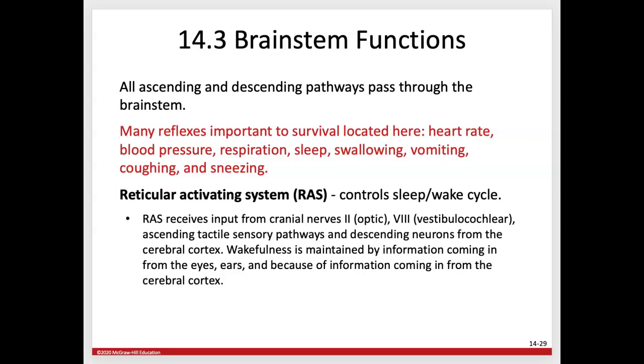It receives input from the cranial nerves, optic nerves, vestibulocochlear nerves, ascending tactile sensory pathways, and descending neurons from the cerebral cortex. Wakefulness is maintained by information coming in from the eyes and the ears, and from the cerebral cortex.